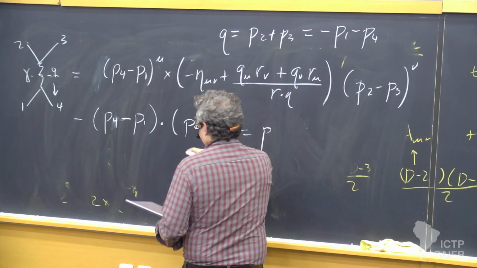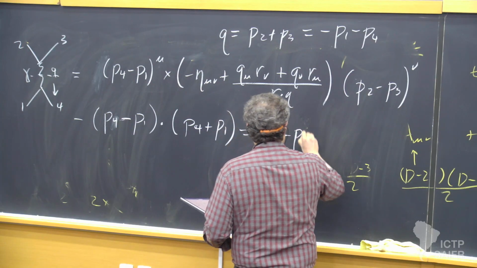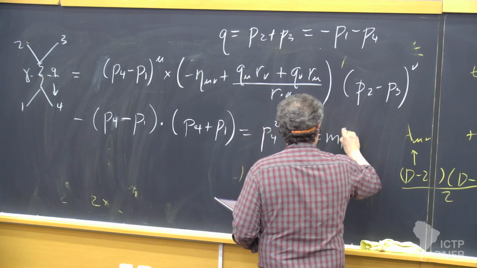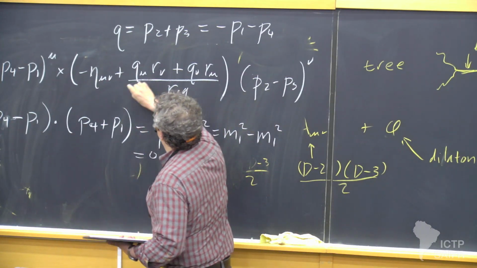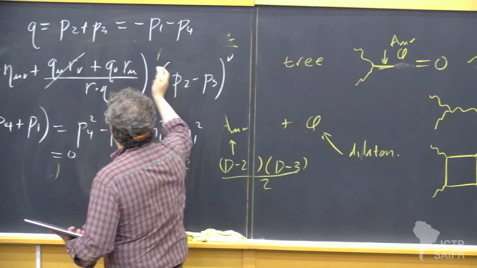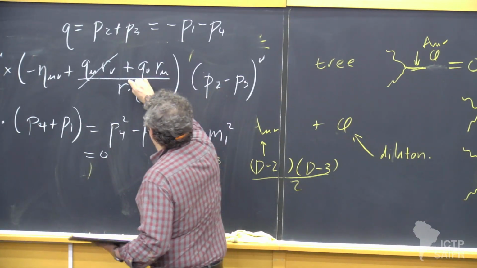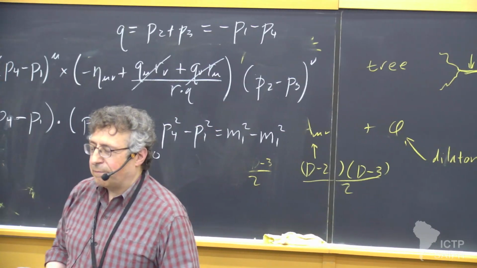So that's, of course, equal to P4 square minus P1 square, which is equal to M1 square minus M1 square. So that's equal to 0. So that guy's gone, right? And the same argument works on the other side, Q mu against that. This guy is gone. So the thing is, poof, gone. Okay?